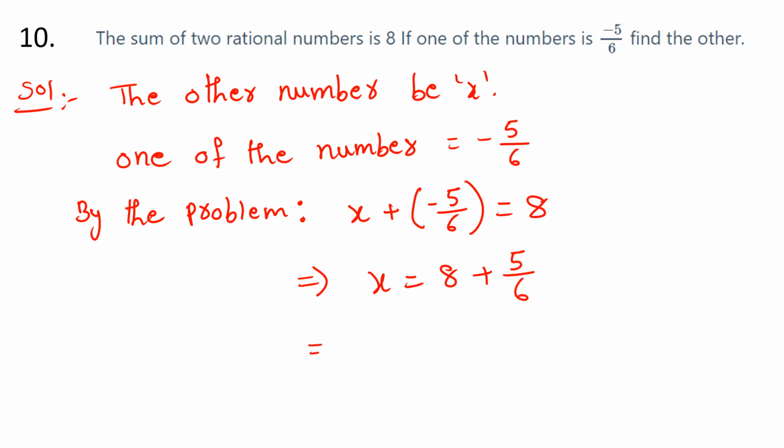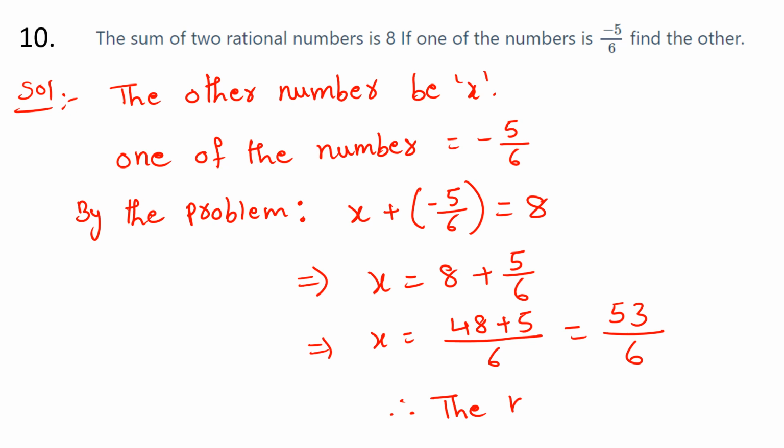Understand? Then x equals, 6 eights are 48, plus 5 by 6. 48 plus 5, how much is it? 53 by 6. Therefore the other number is 53 by 6. That is that number.